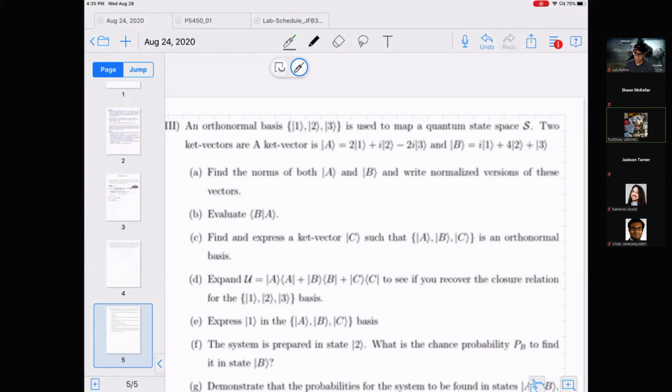This basis is mapping a state space that is named S. And we are given 2 ket vectors, for which we have these expressions in the given basis. The first question is asking about the norms of A and B, and it is asking us to write a normalized version of these vectors.